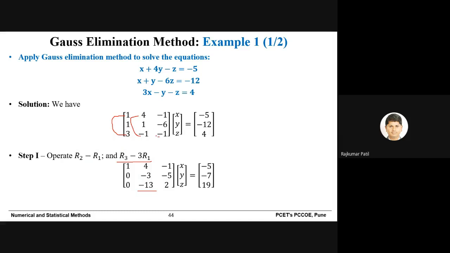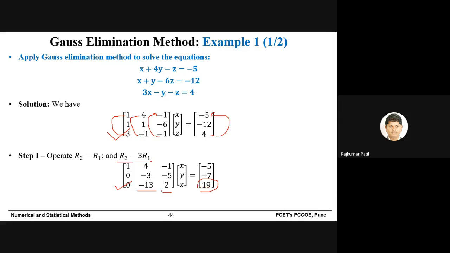Then -1 plus 3, you will get 2. And finally 4 plus 15, you will get 19. So this is how you perform row operations on row number 3, and you will get the answer for that.